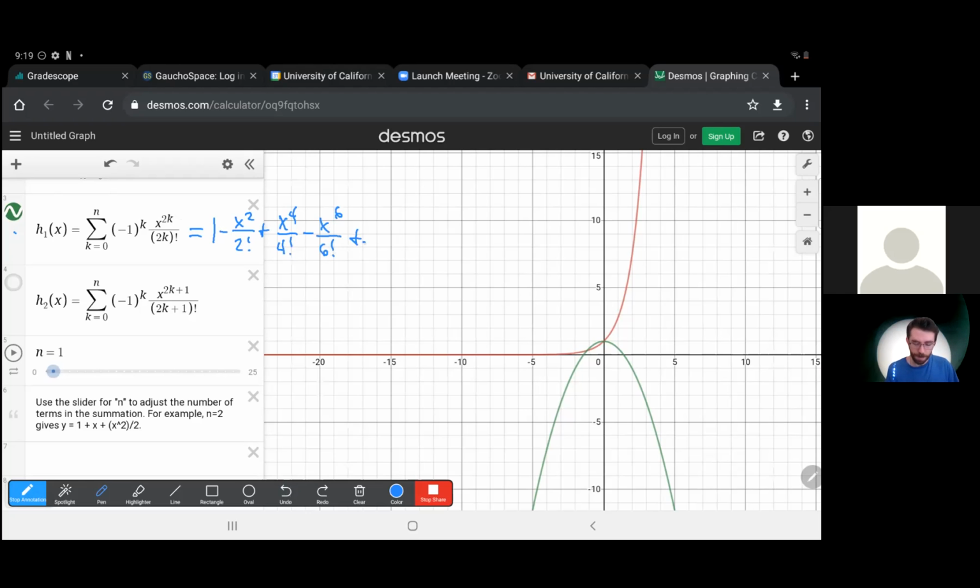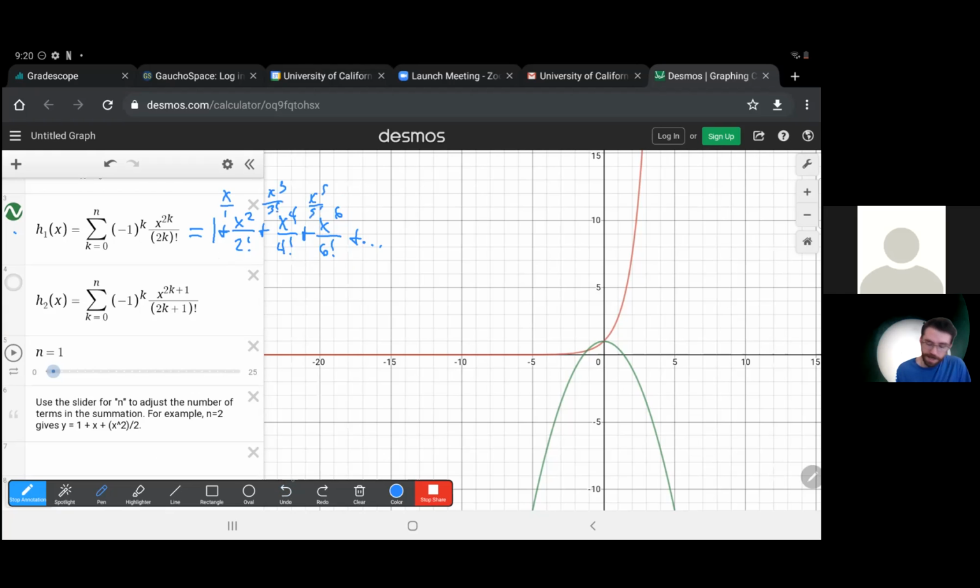And again, I'll ask what pattern you see. So pause if you need a second. The pattern you should see is, first, it's alternating, plus minus. And second, these are all even powers and even factorials. But other than that, it looks pretty similar to e to the x. E to the x was positive everywhere, and it had x over 1 and x cubed over 3 factorial and x to the 5th over 5 factorial.